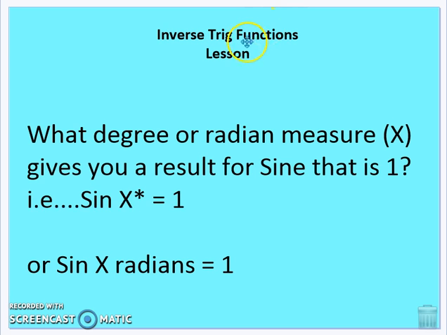Another way to look at this is, what degree or radian measure gives you the result for sine that is 1? If I say sine of some measure x, in degrees or radians, is equal to 1, then what is that value for x?